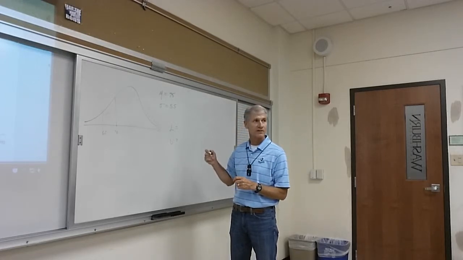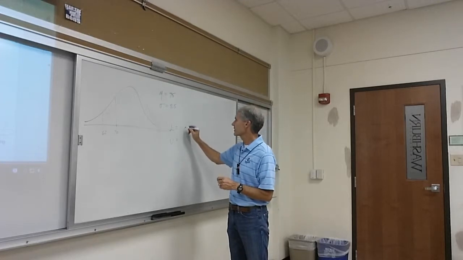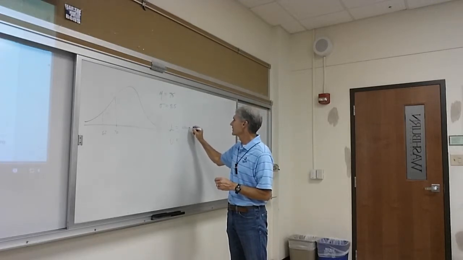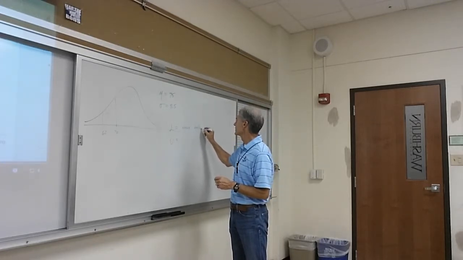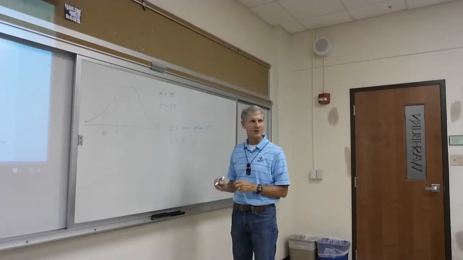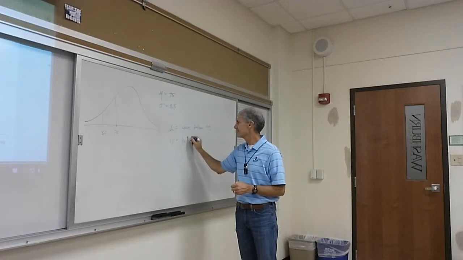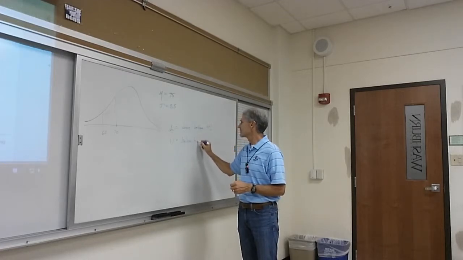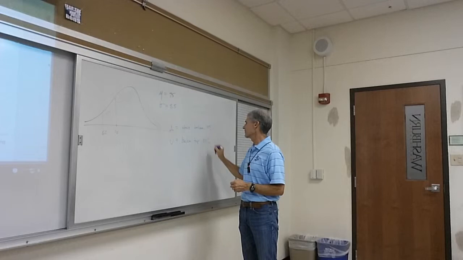Bottom how much percent? Bottom 9% of the class. Okay, so the lower bound is above the bottom 9%, and then the upper is below the top 80% of the class.